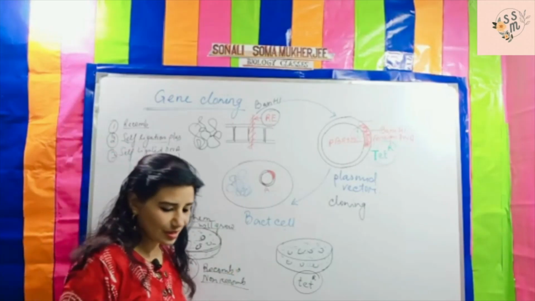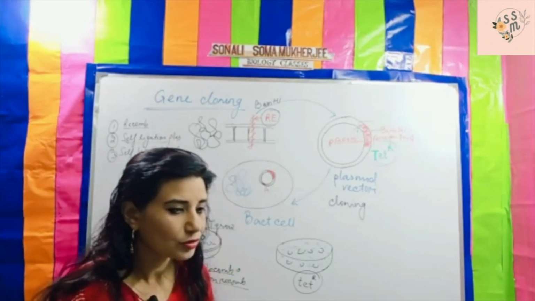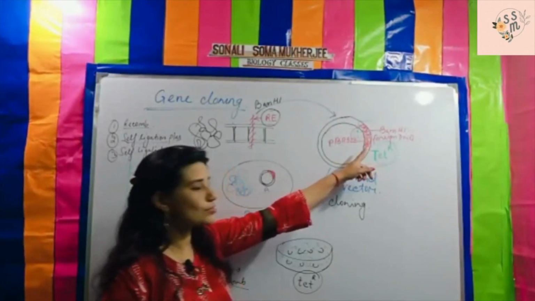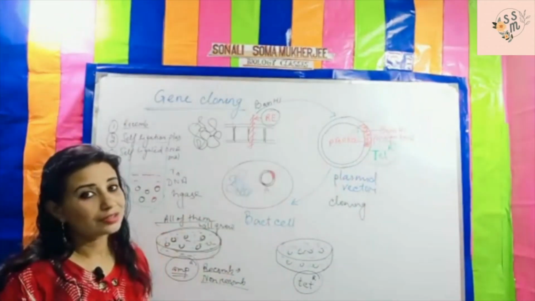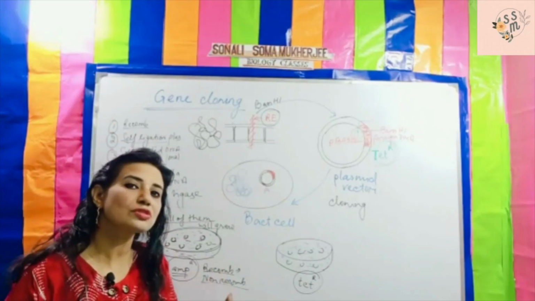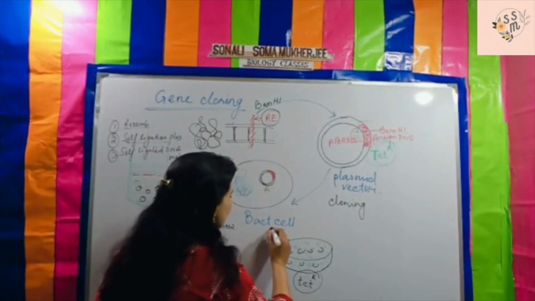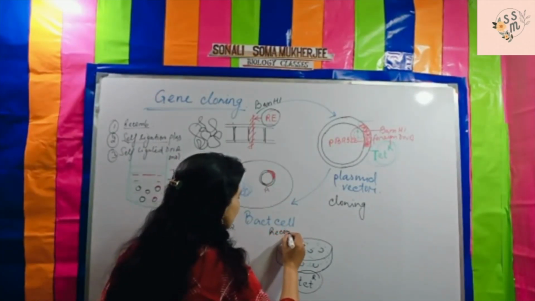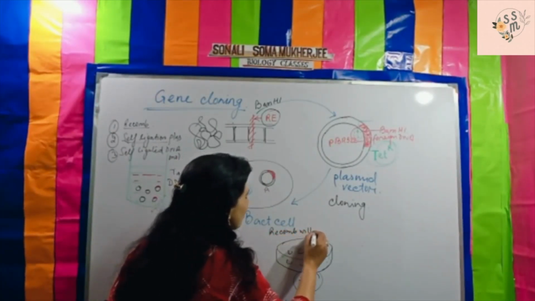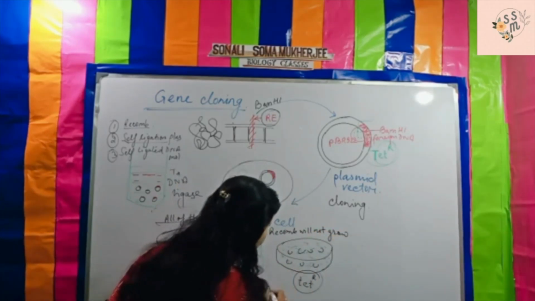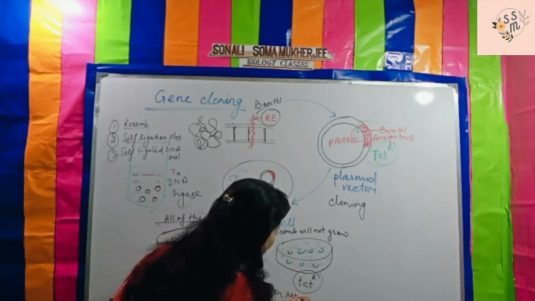The recombinants carry the foreign gene and have lost their resistance to tetracycline. So in this case, the recombinants will not grow and the non-recombinants will grow.